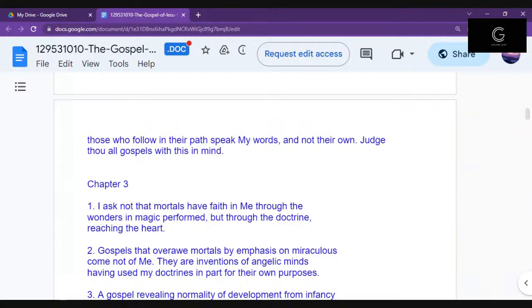That's my brother then, because that's my father. Those who follow in their path, they speak Jaja's words, not their own. Judge thou all gospels with this in mind.